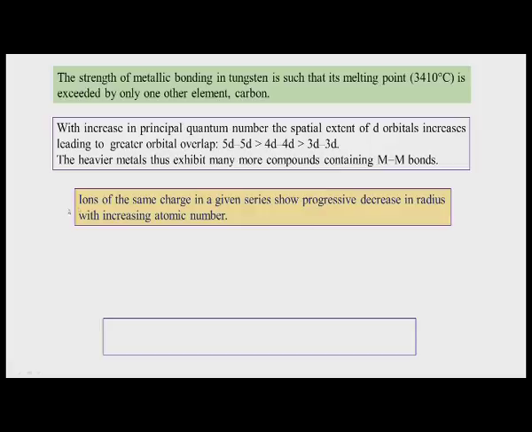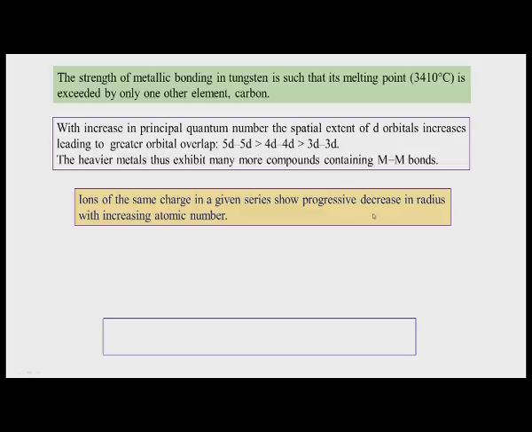So the corresponding ionic size will go in a decreasing trend. There will be more attraction due to the higher effective nuclear charge, which will decrease the size of all these ions.